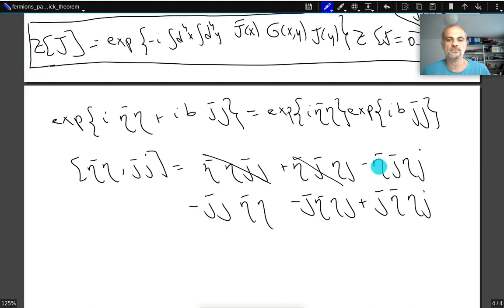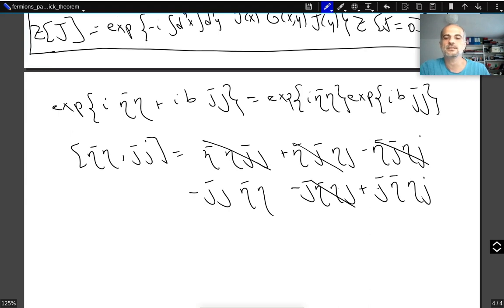On the left we have η̄ j̄ plus j̄ η̄. Again, it just gives me 0. So these two, when I sum them up, they just give me 0. So now j̄ is at the front. Well, I can do the same trick. I can just exchange η and j. So let me write it: minus j̄j η̄η, plus, if I exchange their position, I will get a minus sign, they anti-commute, minus j̄ η̄ j η.